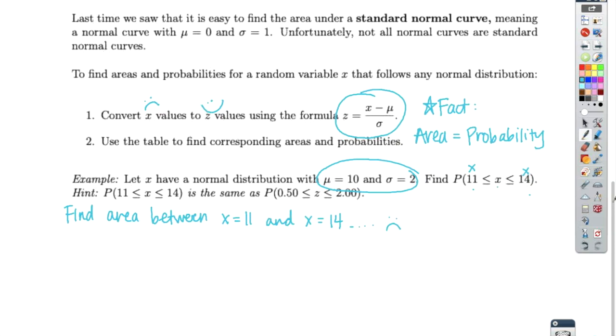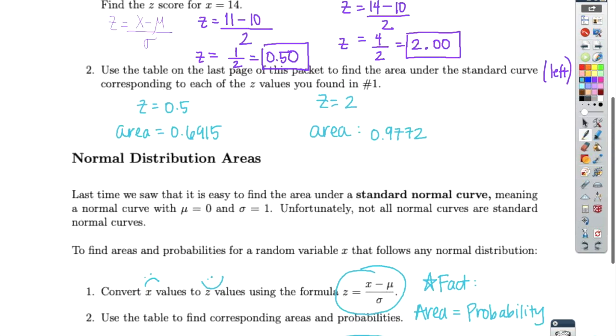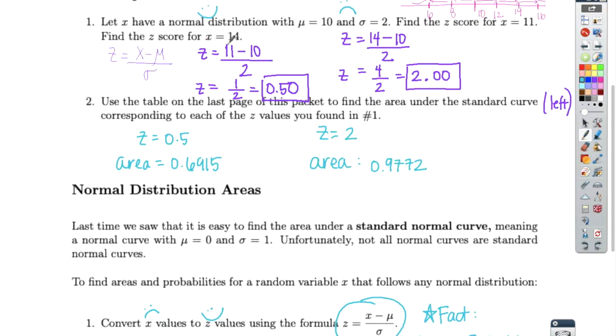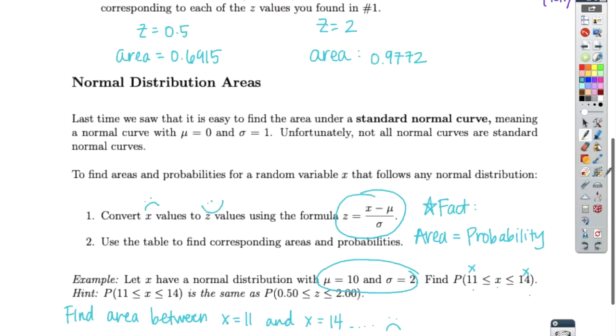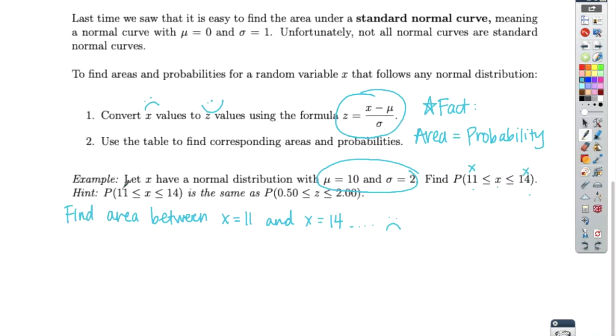In fact, we've already done this. We already converted 11 and 14 to those two z-scores. So the probability that x is between 11 and 14 is the exact same as the probability that z is between 0.5 and 2.